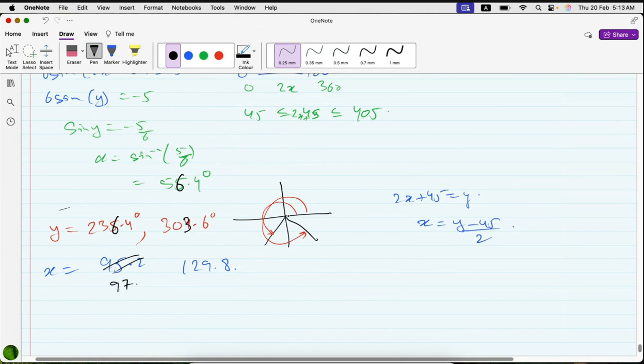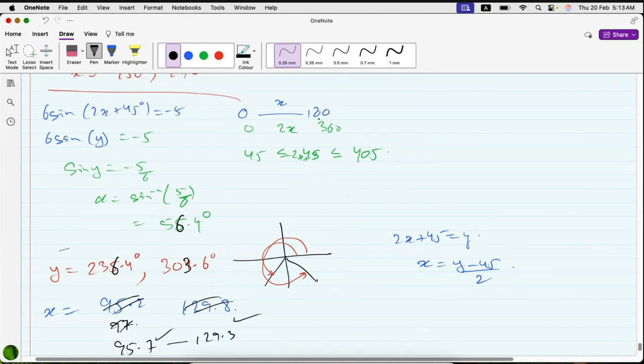Minus 45, 9.3 and 236.4 minus 45 divided by 2 is 95.7. The two answers within the domain 0 to 180 for x.